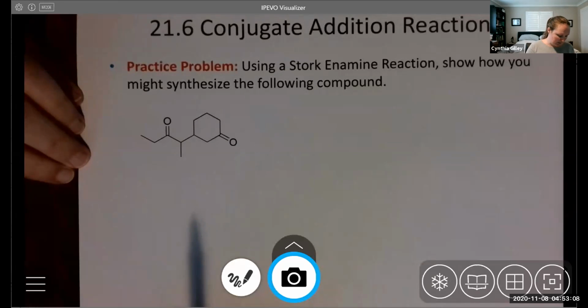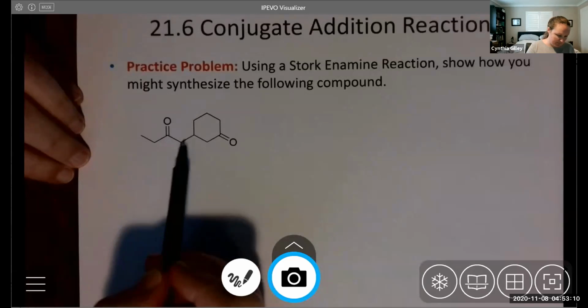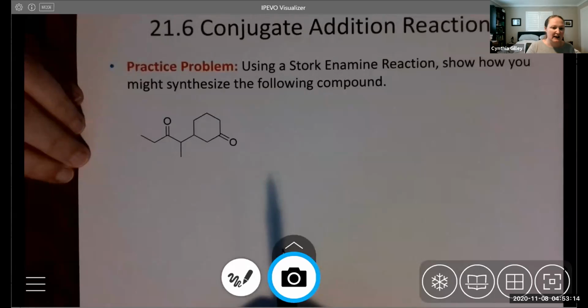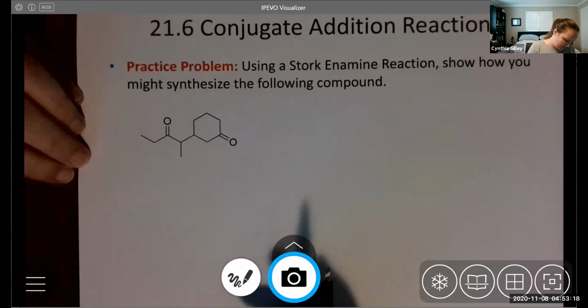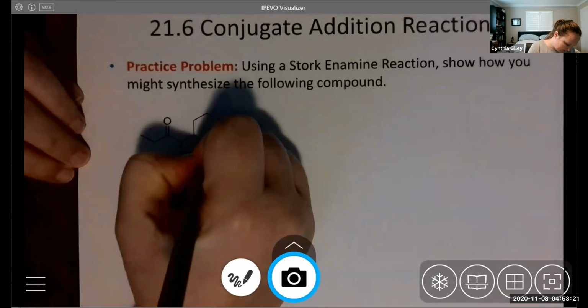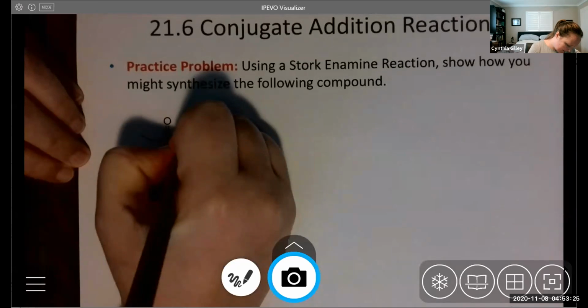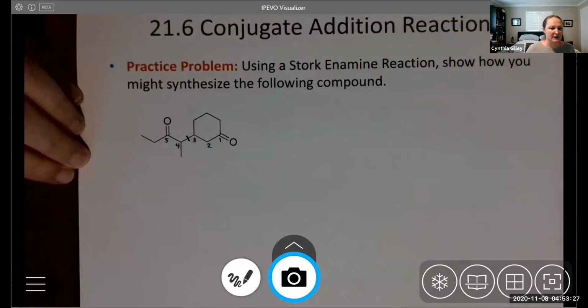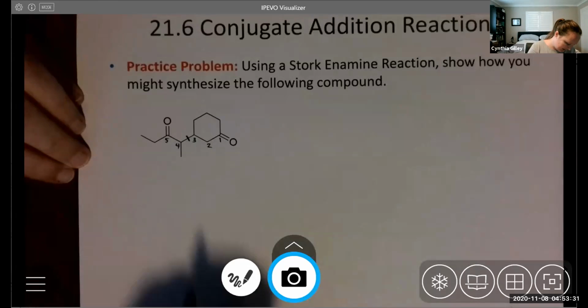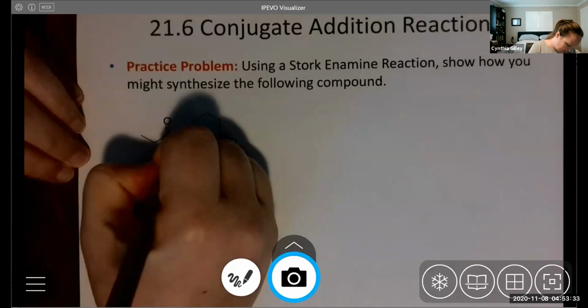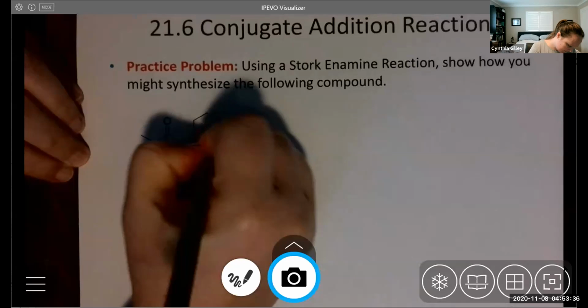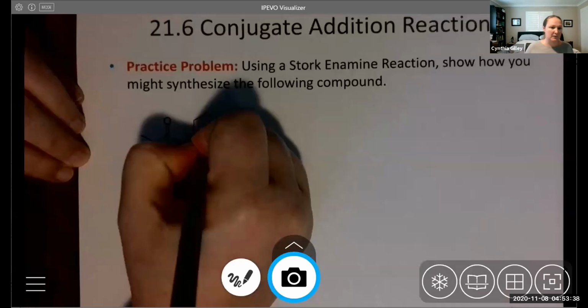When you're counting the carbons, 1, 2, 3, 4, 5, or 1, 2, 3, 4, 5, we're going to be making the bond between carbon 3 and 4. If I count this direction, then the carbon-carbon bond I'm going to make is this particular bond. If I had counted starting over here, I would make this particular carbon-carbon bond.